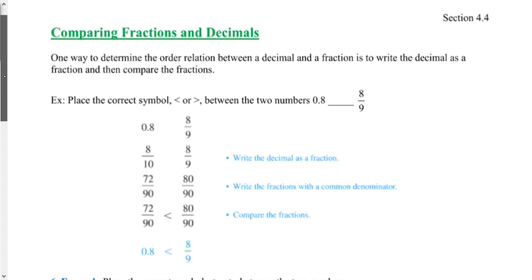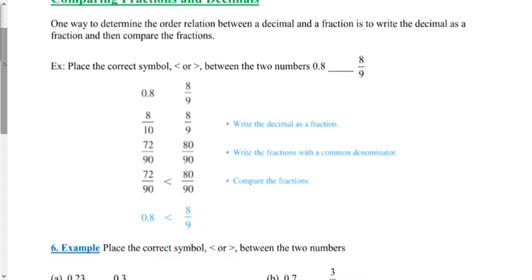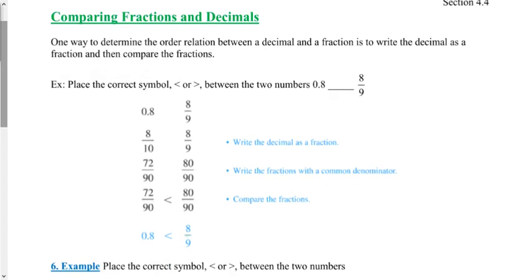When we want to compare fractions and decimals, there's a couple good ways that you can do this. One way is to make it so that they have the same denominators, or the other way is to make it so they have the same number of decimal places. Now for what we're doing here, I think that probably writing them with decimals would be most appropriate.